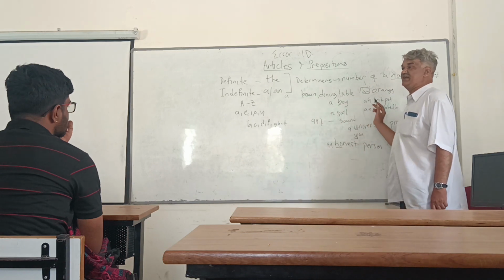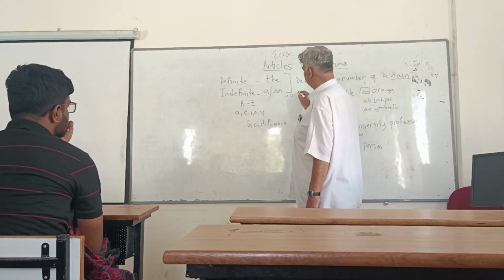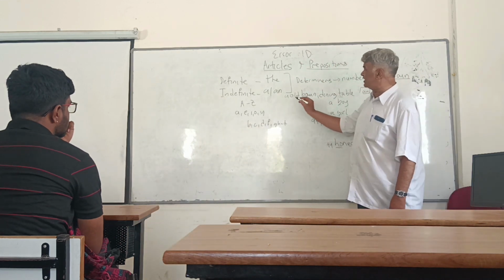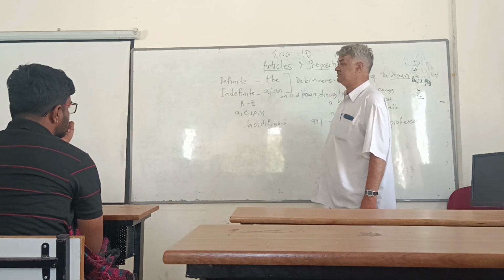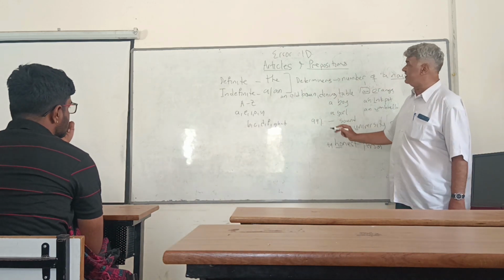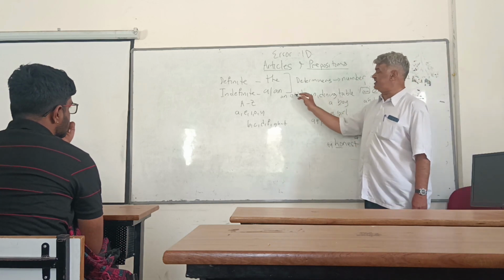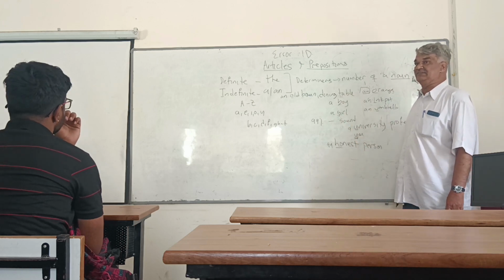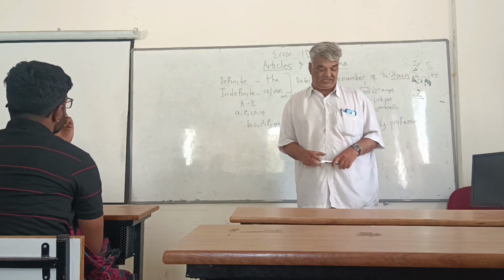A brown dining table. But suppose you have one more adjective: "old brown dining table." Now this becomes what? This is a vowel, so we will use "an." It depends on this word, not on this word. It depends on the first adjective or whatever modifier you have here.